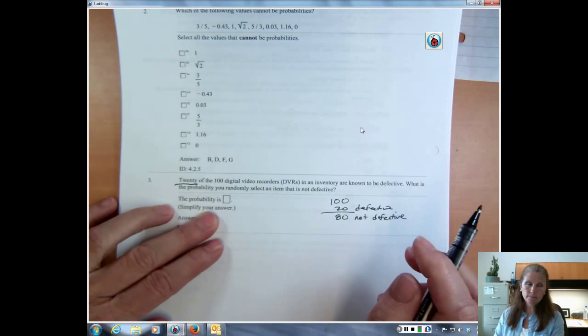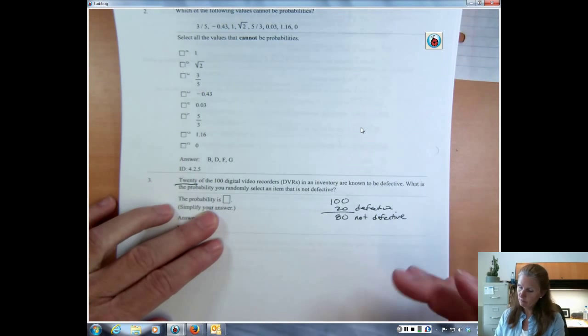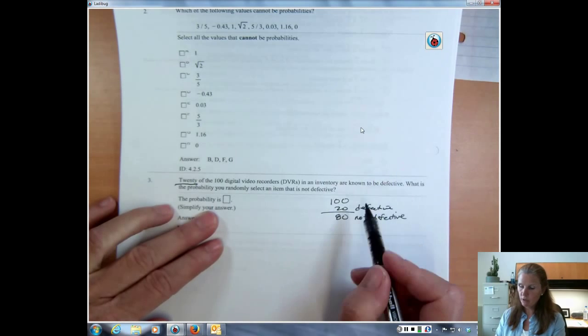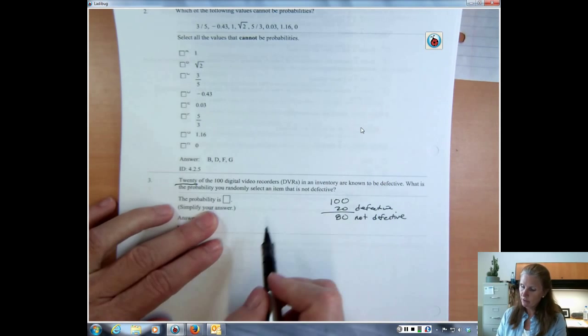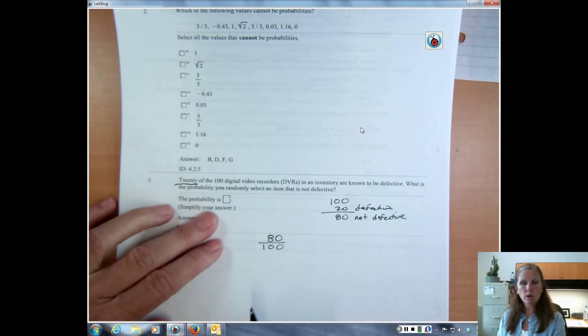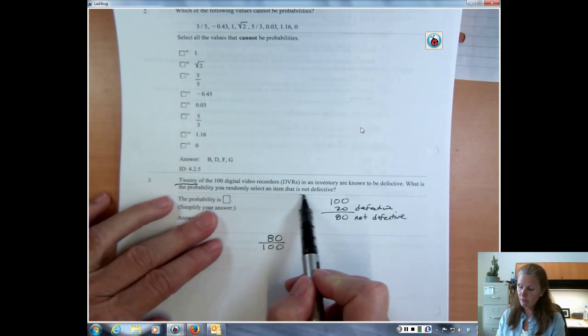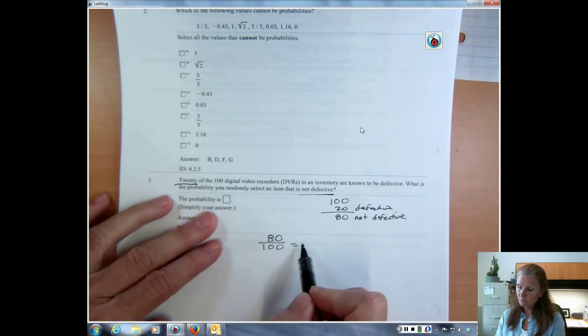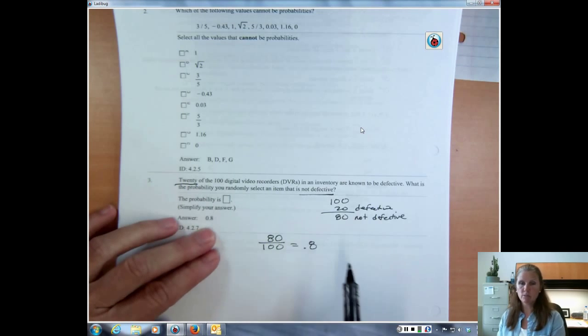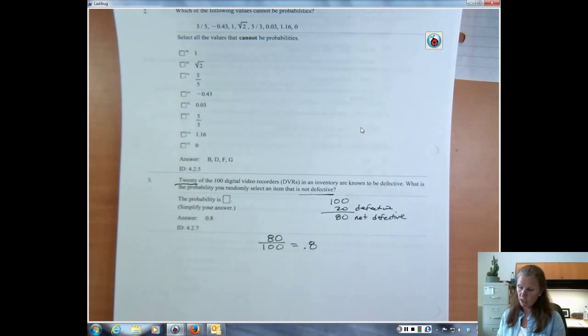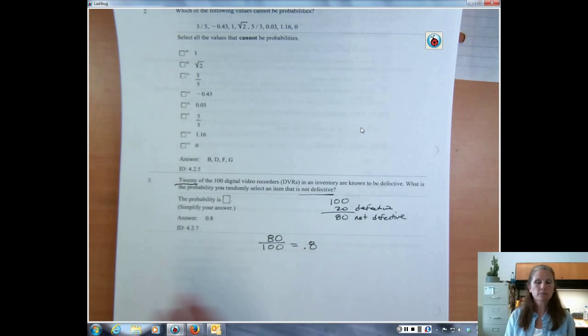If you think about it, on an inventory shelf you have 100 items, 80 are not defective. Then if we reach in and choose and we don't want defective items, we have an 80 out of 100 chance that we're going to get a non-defective item. We have a 20 out of 100 chance to get a defective item, but they're asking what's the probability that it would not be defective. 80 out of 100 is 0.8 as a decimal. So 0.8 chance that our item would not be defective.